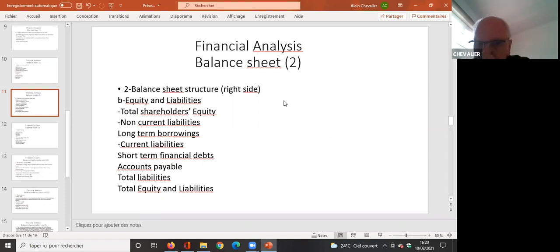And on the other hand, we have the short-term financial debt, which is entirely short-term bank debt, or it could also be, but it's generally a minority, short-term debt obtained on the markets. Anyway, the main distinction is between operational debt and financial debt: short-term operational debt, short-term financial debt.